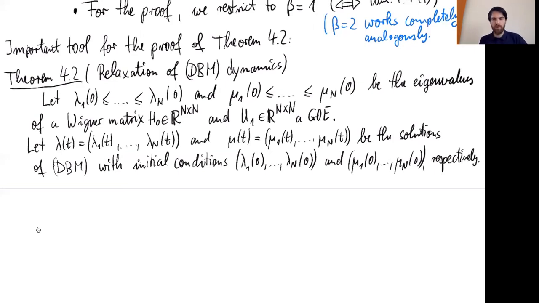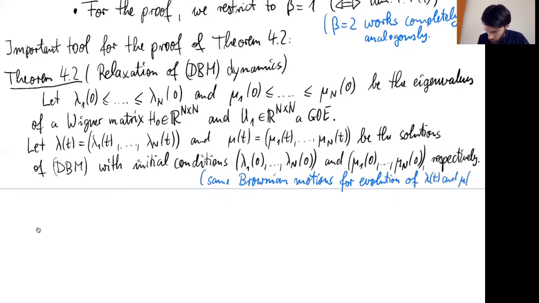Okay, so we start from two sets of eigenvalues and then we evolve them with the DBM, but now we take the same Brownian motions as we've already done a few times. So should maybe say that, same Brownian motions for evolution of lambda t and mu t.